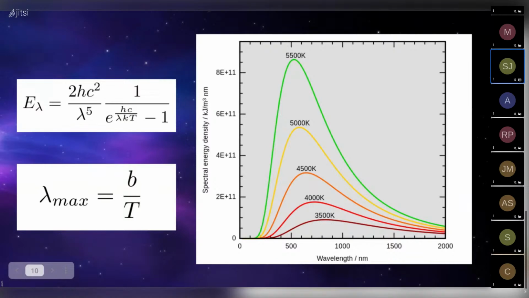It helps us to calculate the temperature of most celestial objects. In our universe there are many distant objects where we can't go and measure the temperature. Then how is the temperature of such objects calculated?